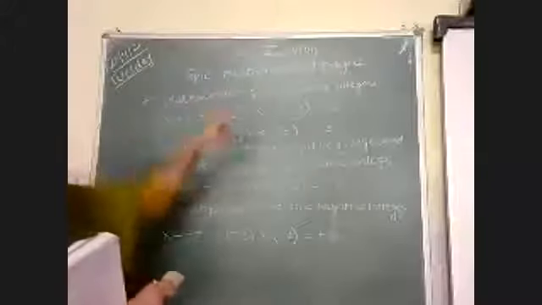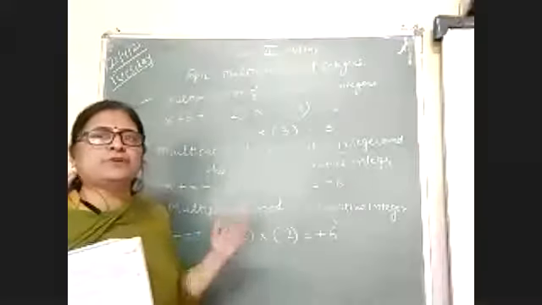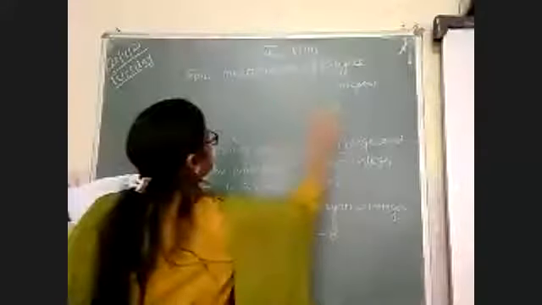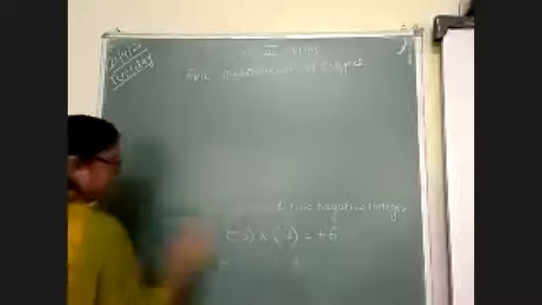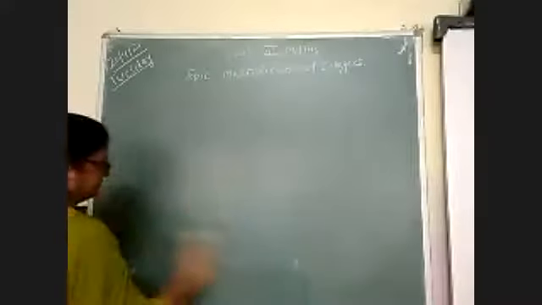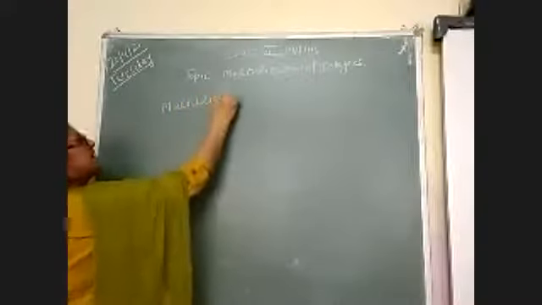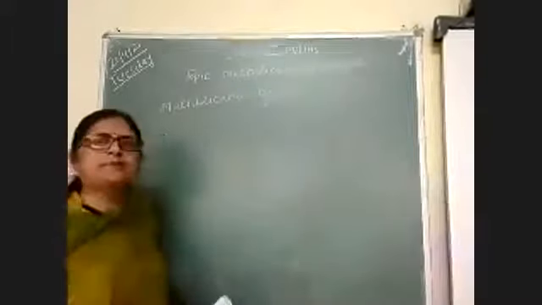The next topic about multiplication of integers is some properties that are followed. The first property, you note down also which I am writing, is multiplication by zero.